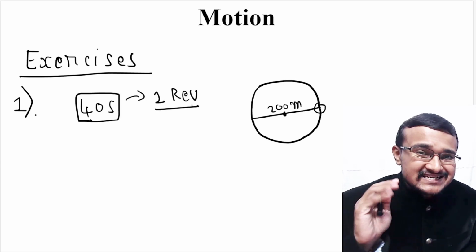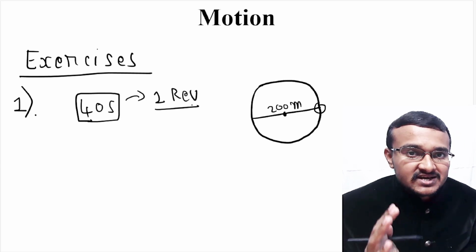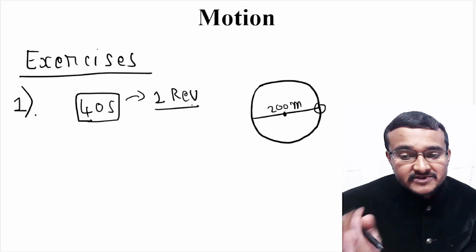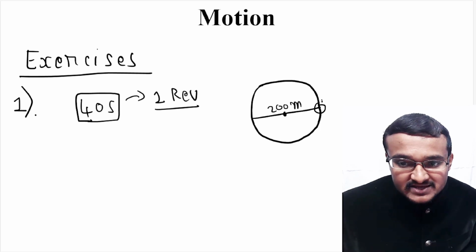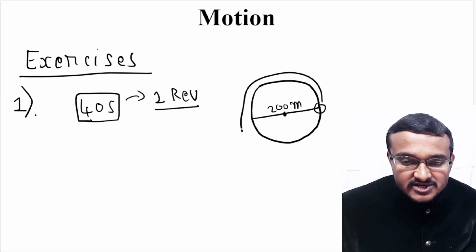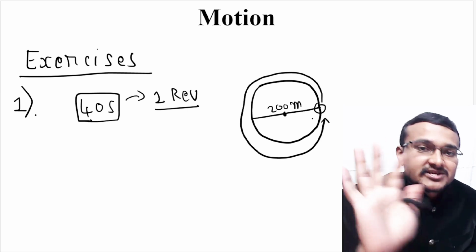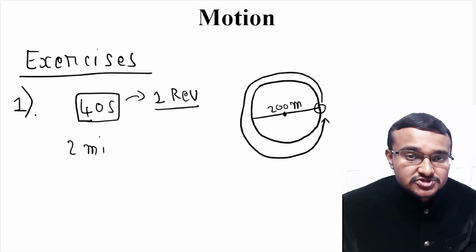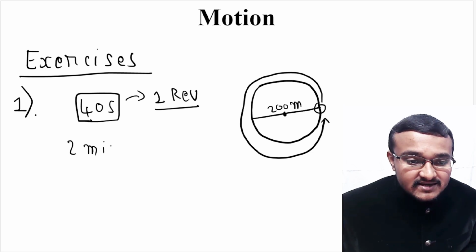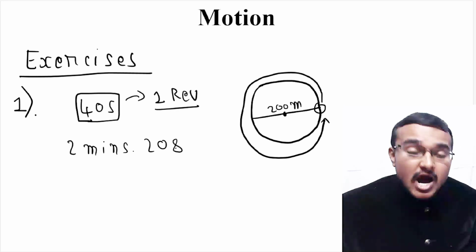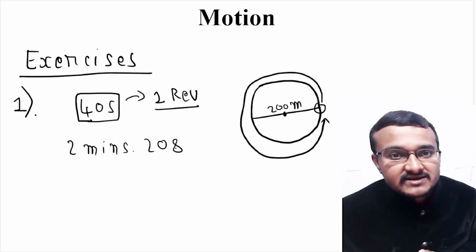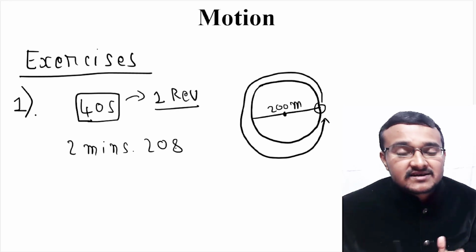That means to reach his initial position, he takes 40 seconds. They are asking, in 2 minutes 20 seconds, how much distance and displacement this athlete has covered.